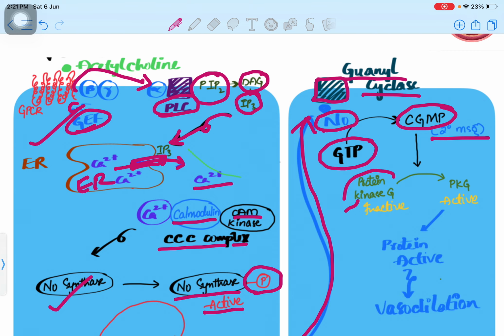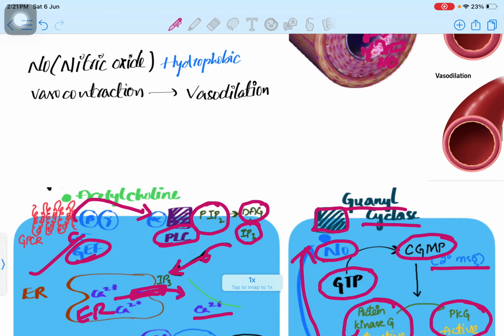After formation, cGMP will activate protein kinase G by attachment of phosphate. So PKG gets activated, and this PKG is responsible for protein activation. The protein will do the vasodilation. So this wider condition can happen because of all these processes.